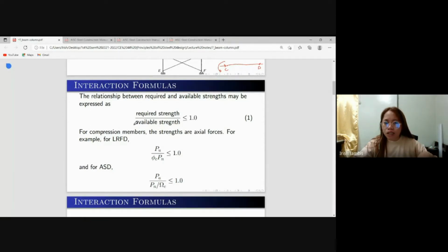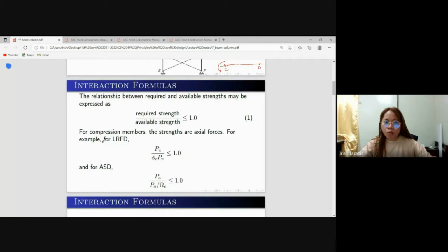This is the design strength for LRFD and the allowable strength for ASD. No? Ang ratio na should be less than or equal to 1.0. Or if you cross multiply that one, the required strength should be less than or equal to the available strength.